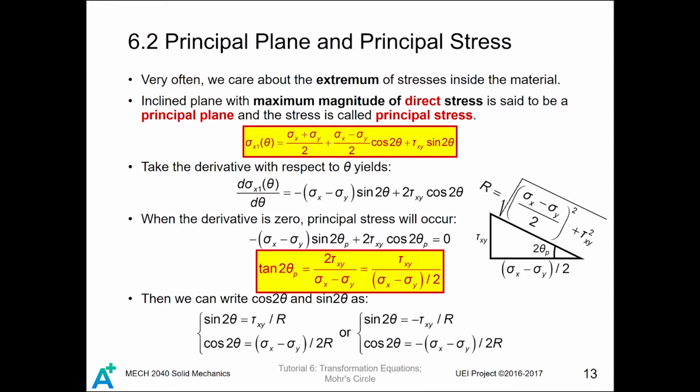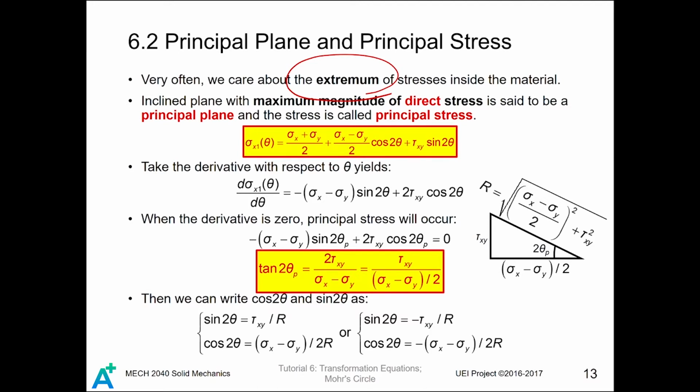After talking about the transformation equations and the special cases involved, let's introduce the concept of principal plane and principal stress. Very often we care about the extremum of stress inside the material, for example the maximum stress, because we care about the impact of stress inside the material, and we have to calculate the maximum such that we can choose the correct material.